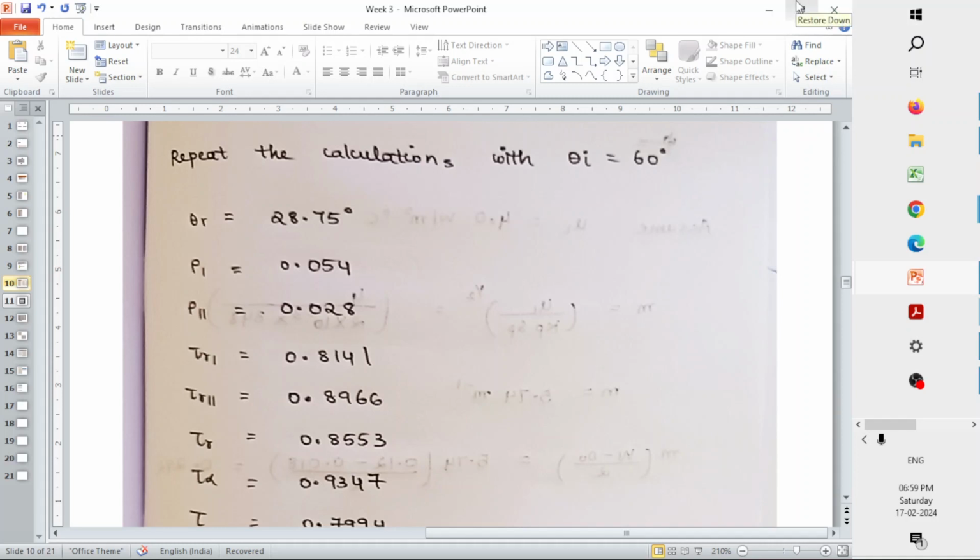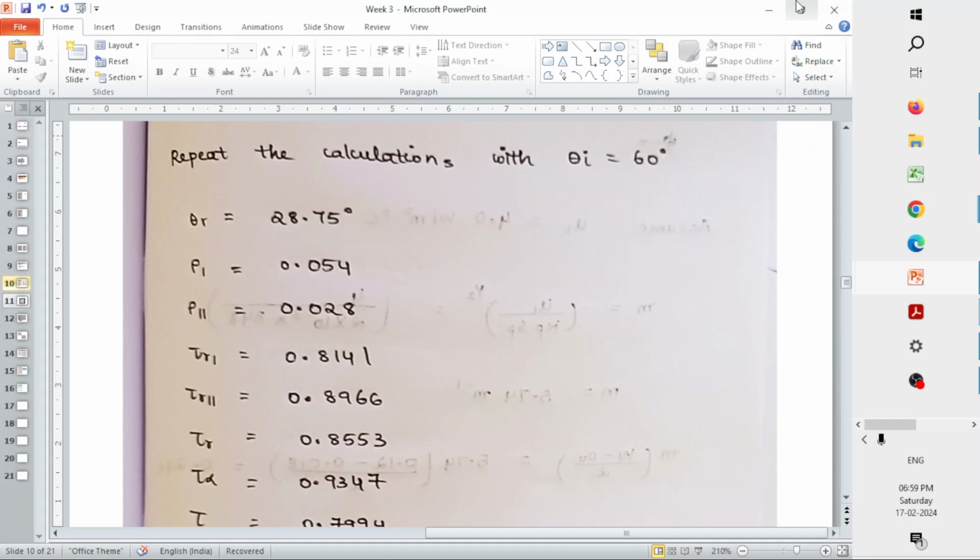Since the solar radiation can get diffused in any direction, we cannot count every single direction. So as a standard reference, which accounts for all of the diffusive radiation, we take the value of theta I as 60.